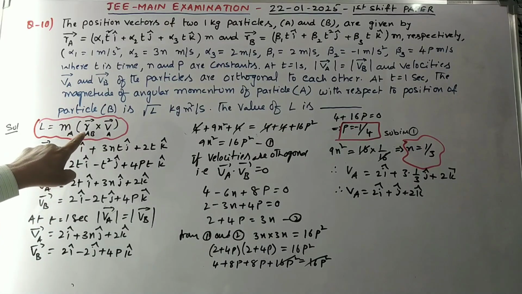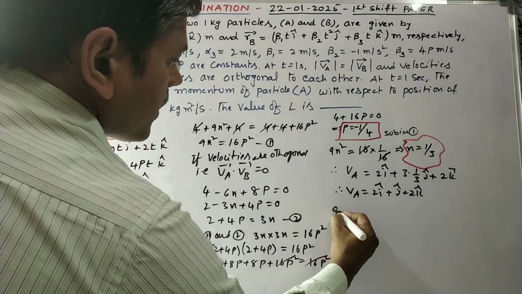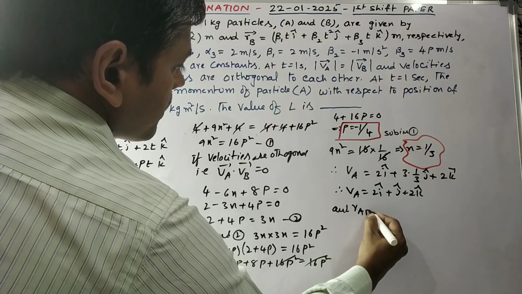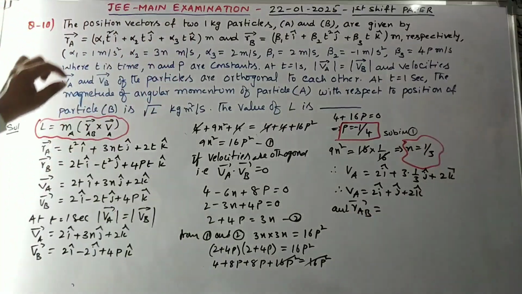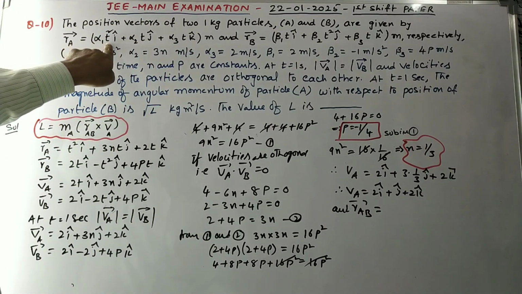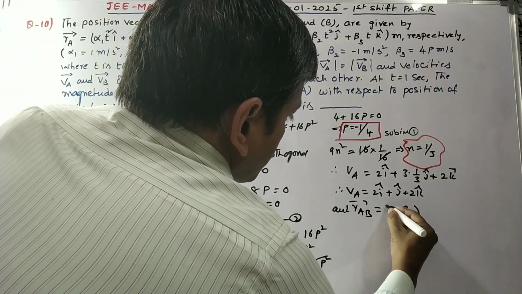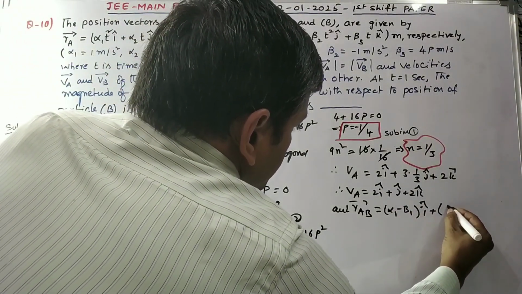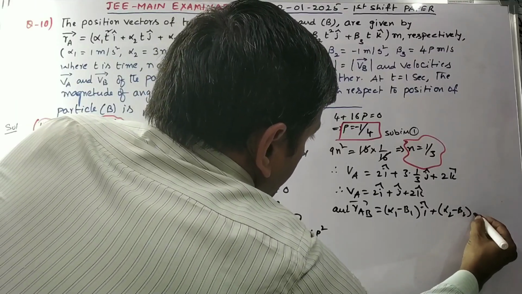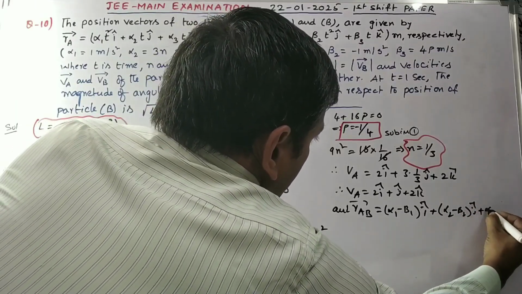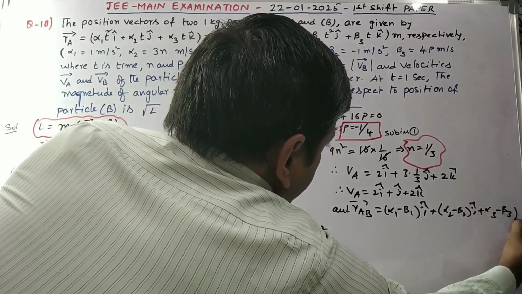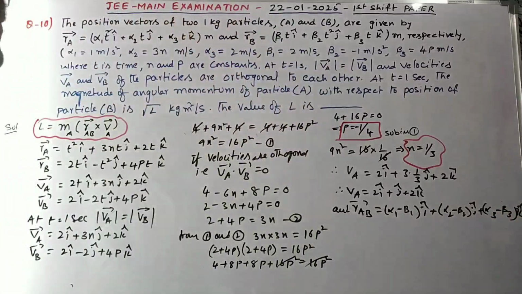But you require the position vector of particle A with respect to B. Now RAB, position vector of A, is equal to alpha 1 minus beta 1 into i cap plus alpha 2 minus beta 2 into j cap plus alpha 3 minus beta 3 into k cap.